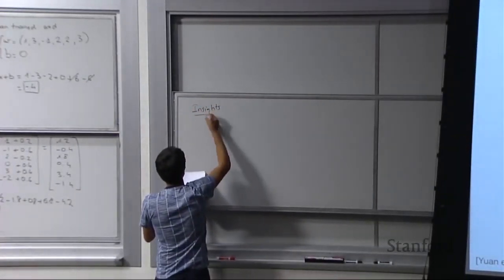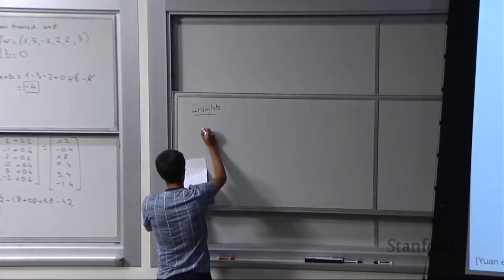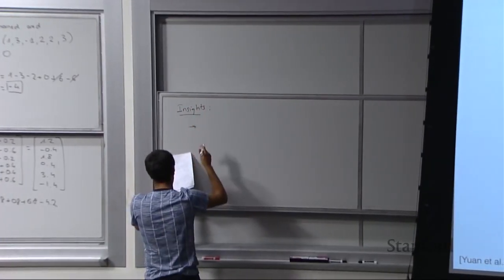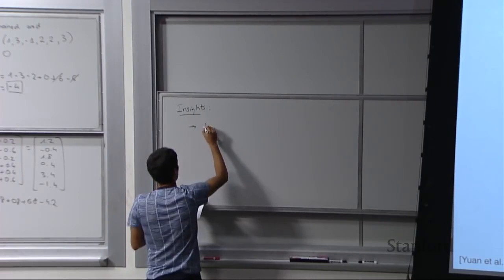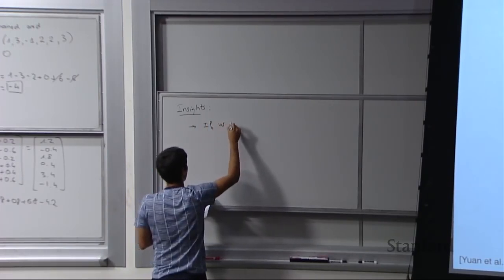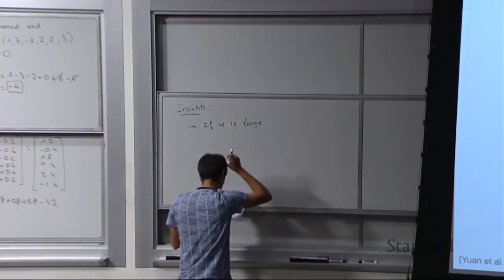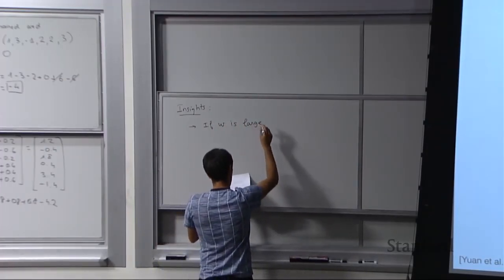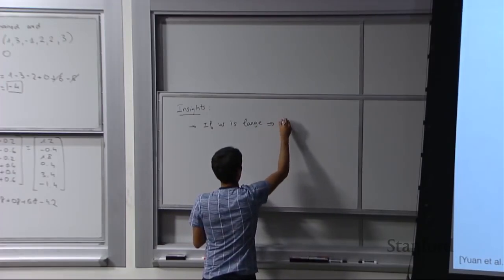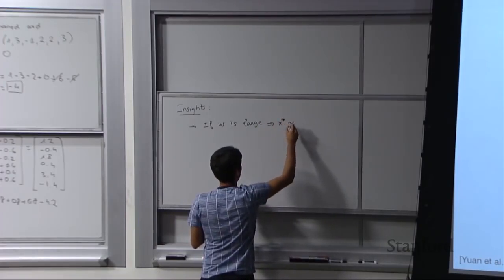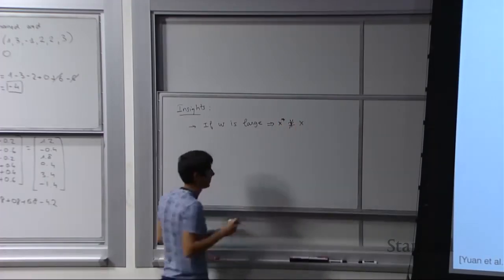So a few things we want to notice here. Insights on this small example. The first one is that if W is large, then x star is not similar to x.